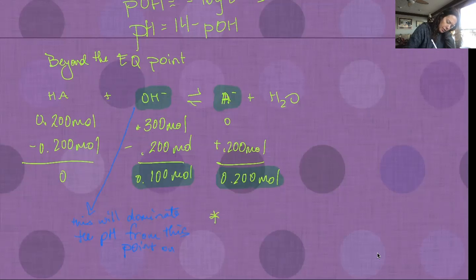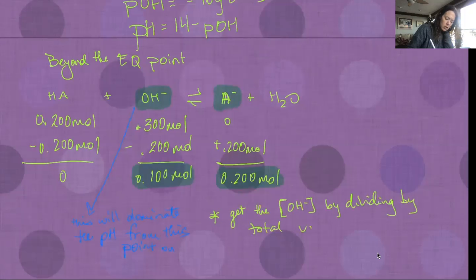We will get the concentration of OH by dividing by total volume. And then remember that pOH equals the negative log of OH.